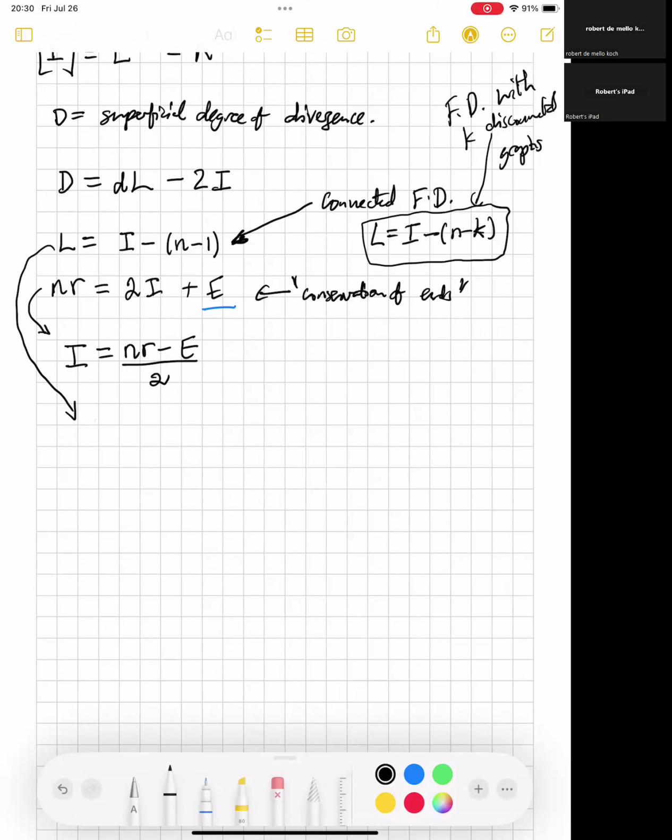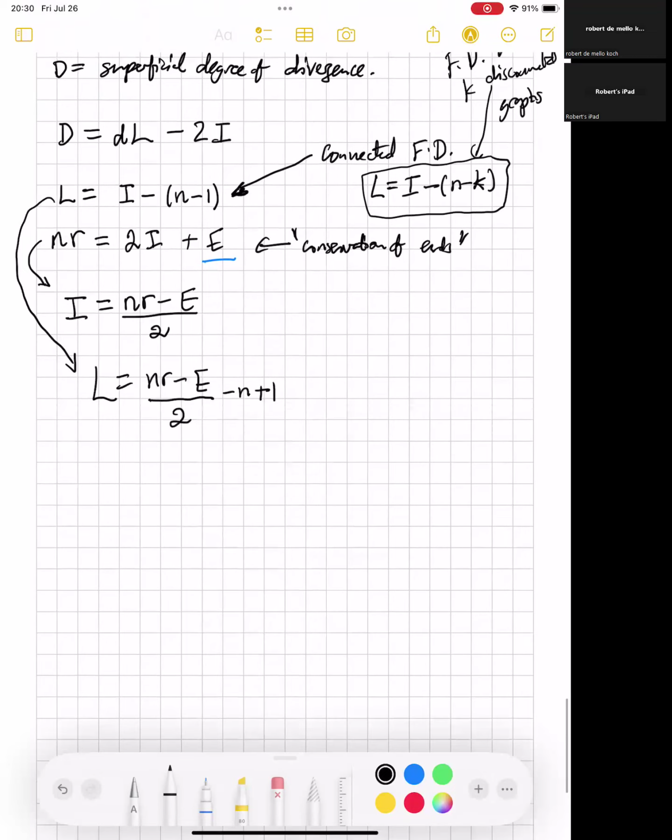So L will be equal to (nr minus e) over 2 minus n plus 1. And now let's plug both of these into D. So D would be equal to d times L, that will be d times (nr minus e over 2 minus n plus 1), and then we will have minus 2r, which makes it minus nr plus e.